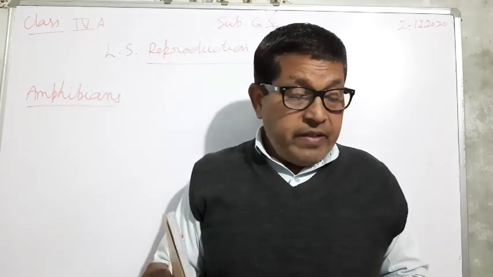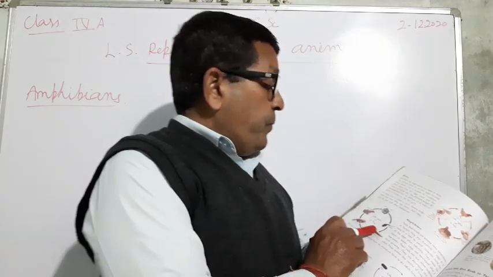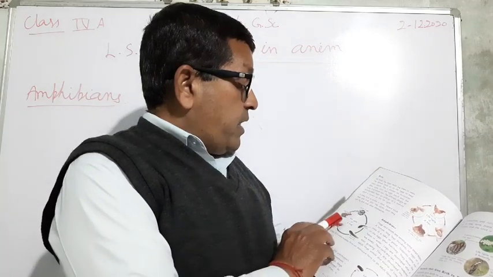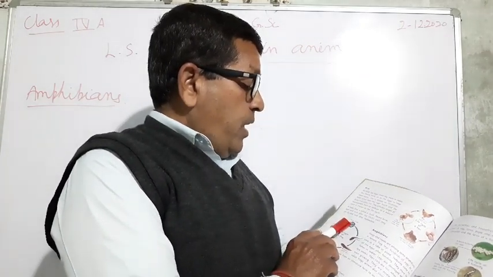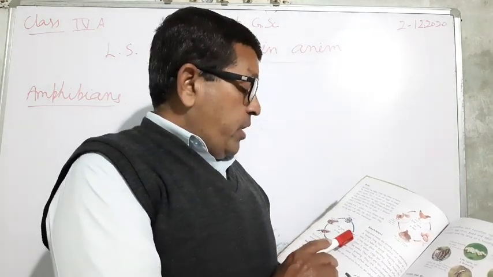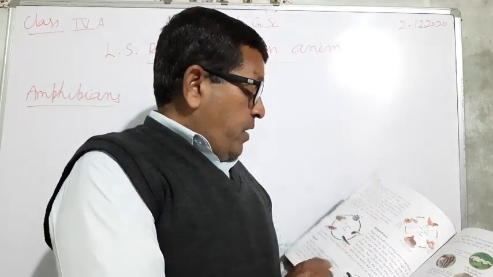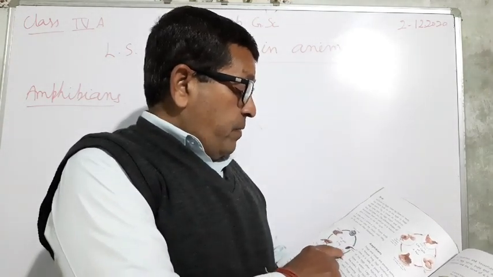One new term is here. You see the life cycle of the frog. It is given here. This is the frog. The frog produces a cluster of eggs, and after the eggs, a tadpole is produced, and this tadpole develops into a young one first.